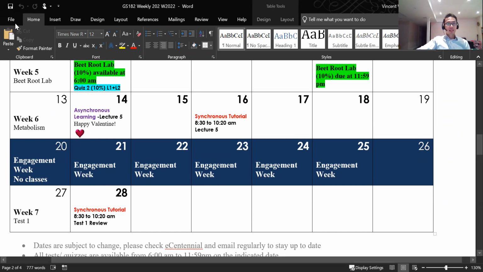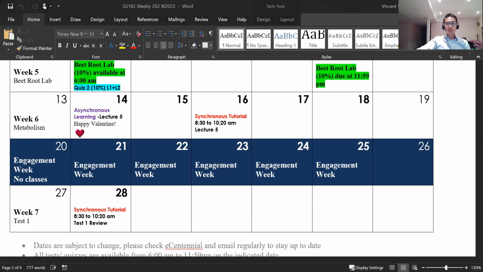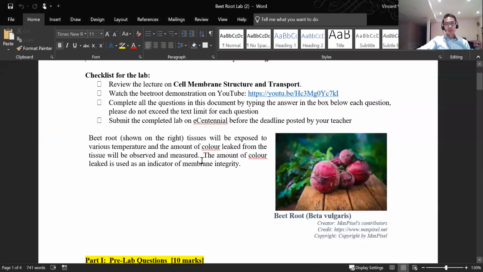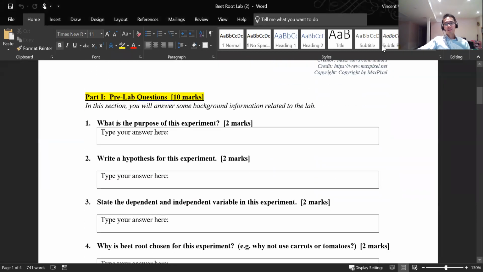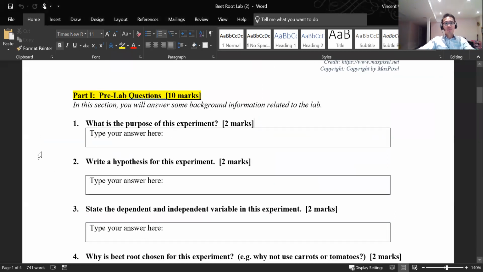Okay, let's take a look at that lab of yours, because like I said, there will be lab questions on the test as well. Again, it was not done as well as I hoped it would be.